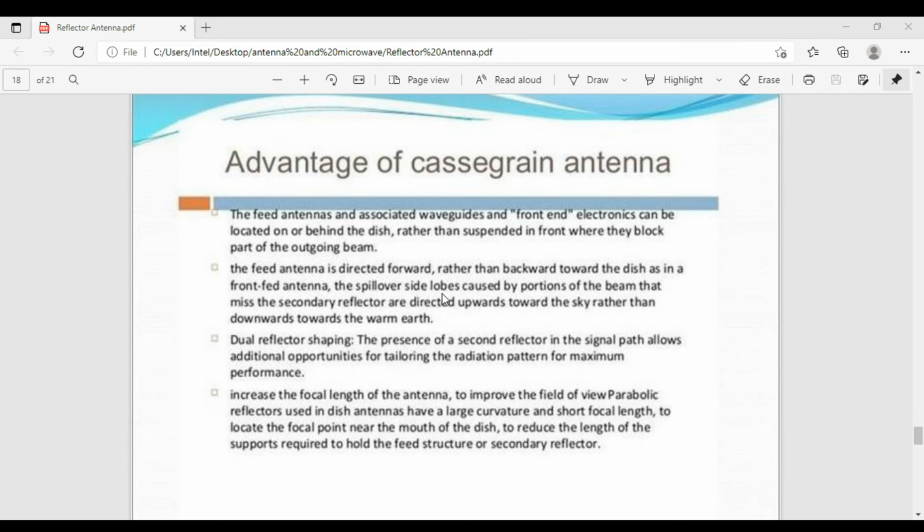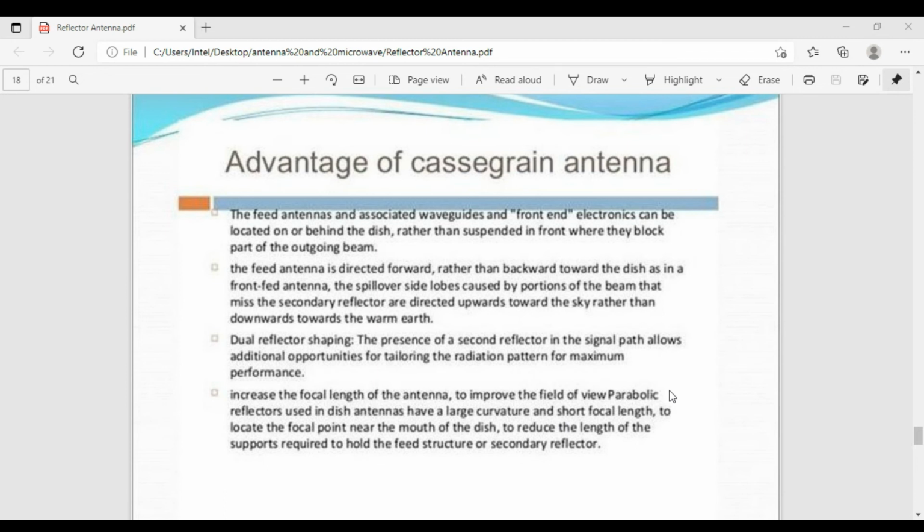Dual reflector shaping: the presence of a second reflector in the signal path allows additional opportunities for tailoring the radiation pattern for maximum performance. The next advantage is increasing the focal length of the antenna to improve the field of view.